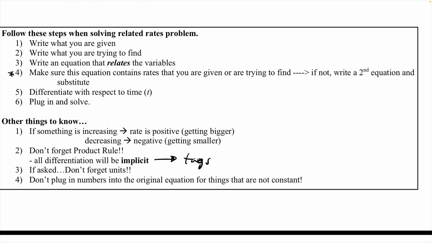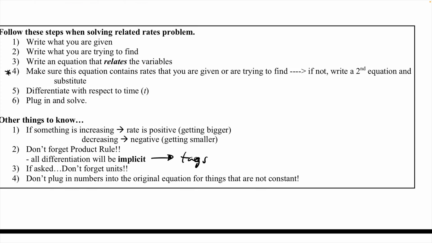Don't forget tags. Almost all the tags will be something over dt. Don't forget about units, because if they give you units, you have to return your answer in units. So if they say inches, hours, dollars, years, return it in units.